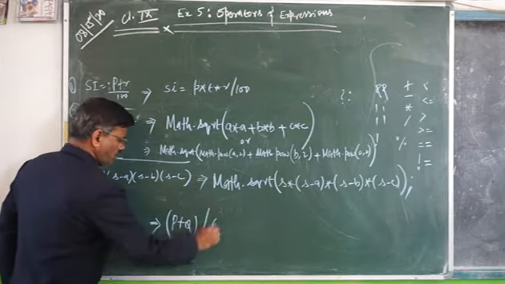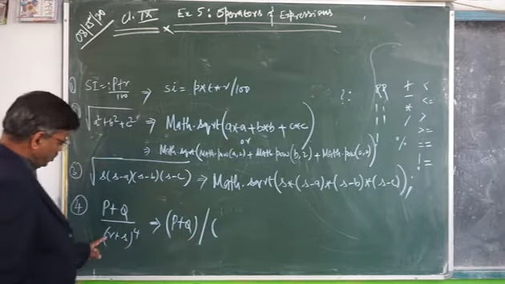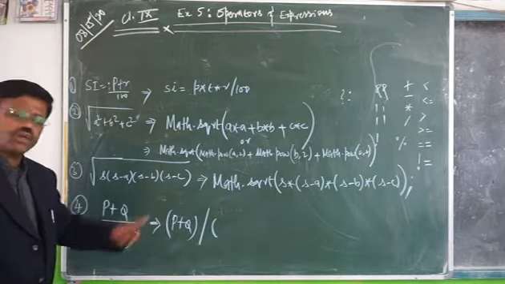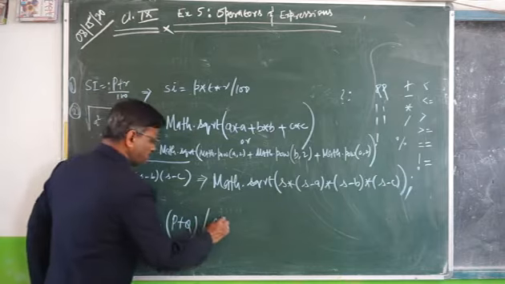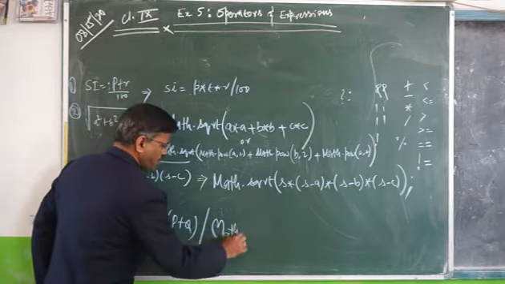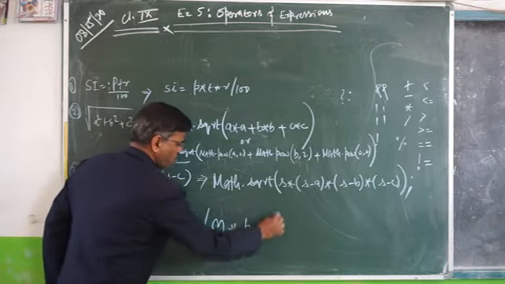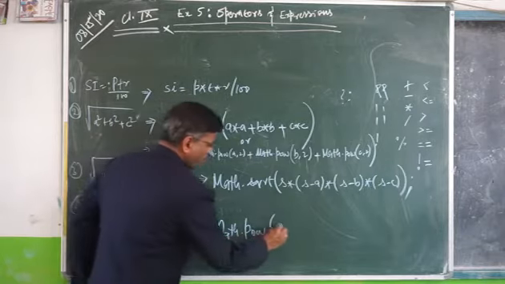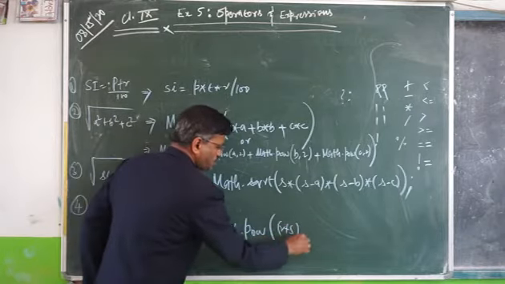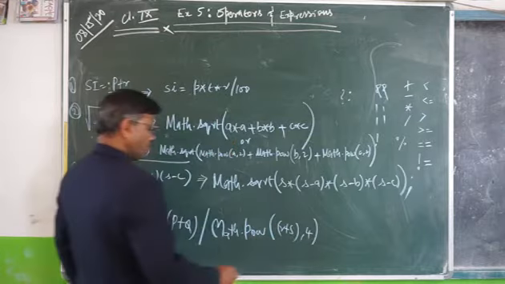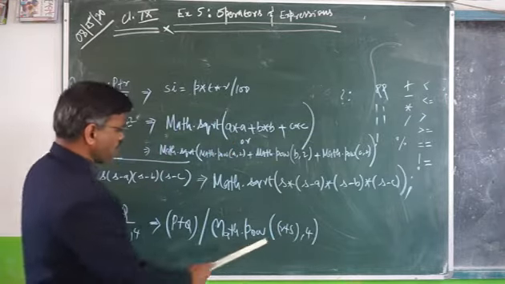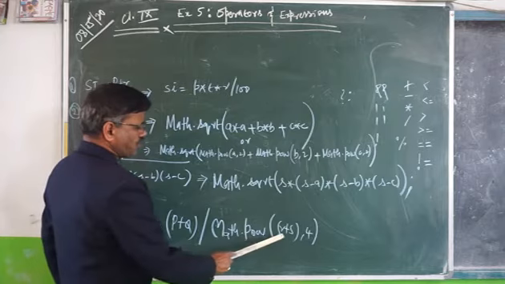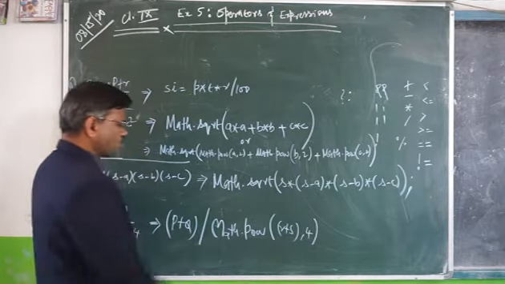P plus Q whole divided by R plus S whole raised to the power of 4 means you must use math.pow. Please note, you must balance it. Two parentheses are open, you must close them.